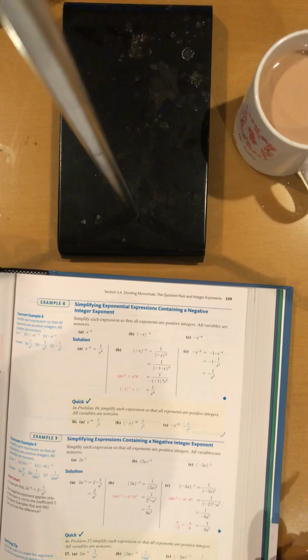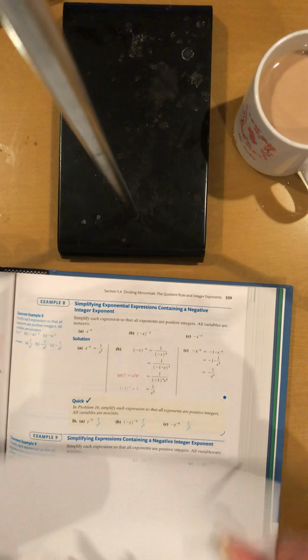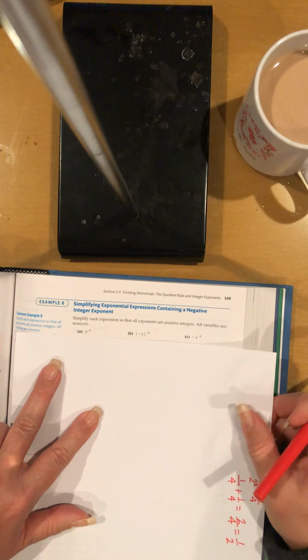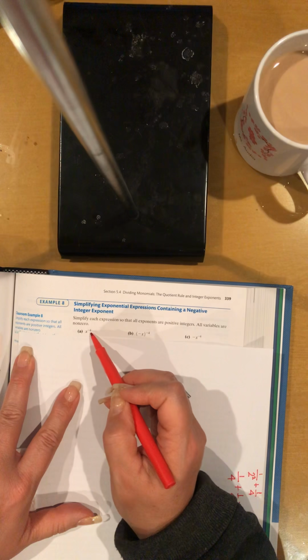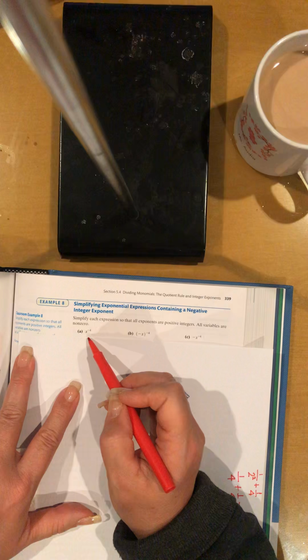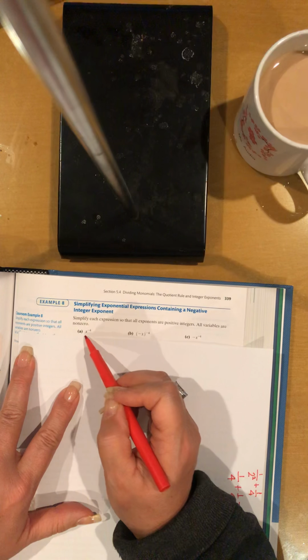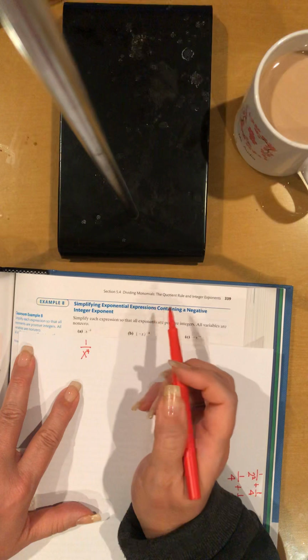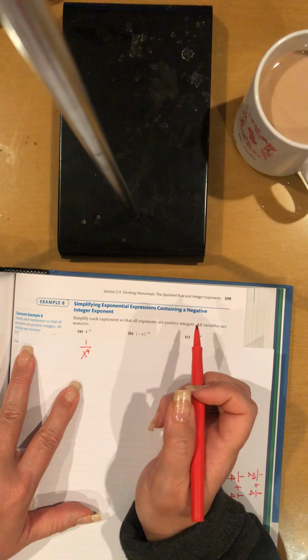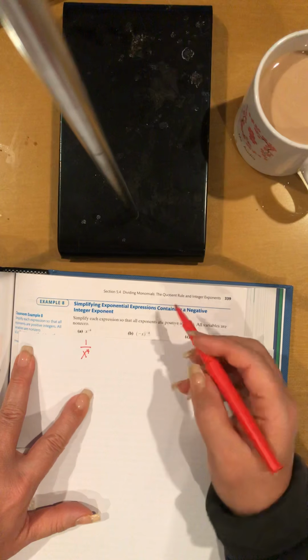Next set of problems. What do you do when you have negative exponents, but you're now dealing with variables? Same thing. To turn a negative exponent to be positive, you're going to flip it. So for example 8a, you've got x to the negative 4, so it's 1 over x to the positive 4. Only move the variable that has a negative exponent.